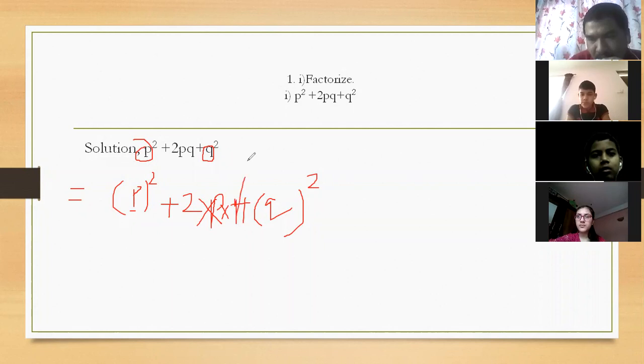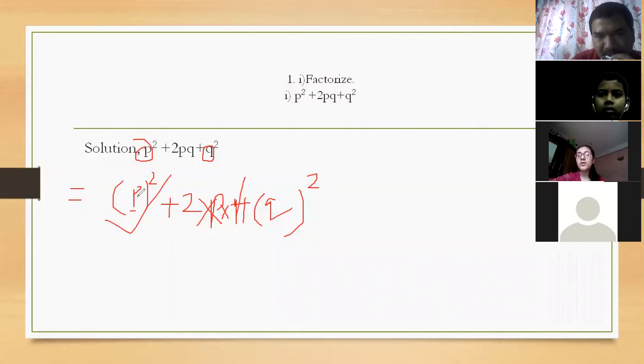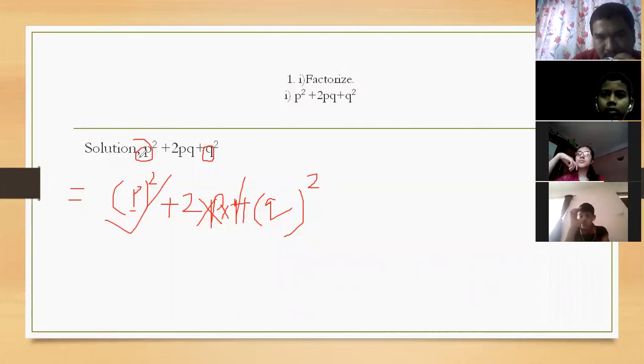Yes, Nebisa, what have you told? So I was telling 2 into q. Yeah. First one we have to write a square. In the formula there was a, that's why. What is our first term here? p square, that's why I write p in bracket and whole square. And the last one, what is there?